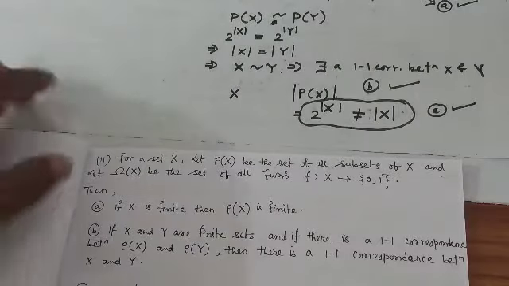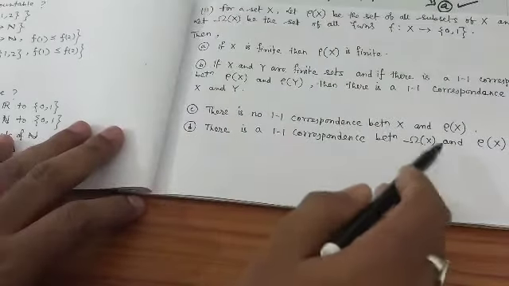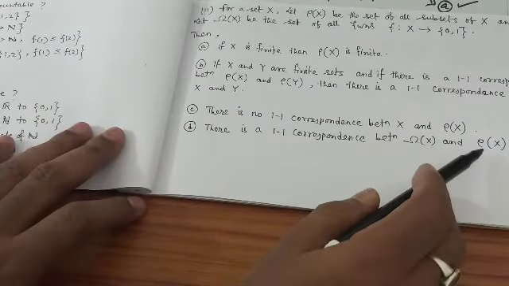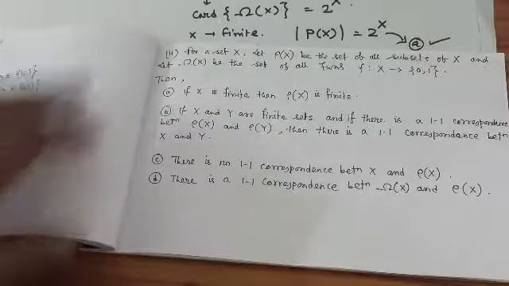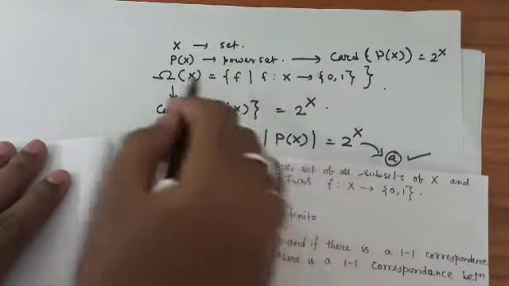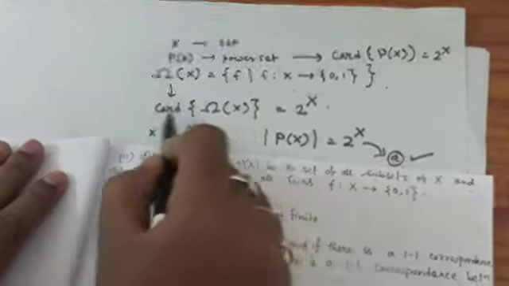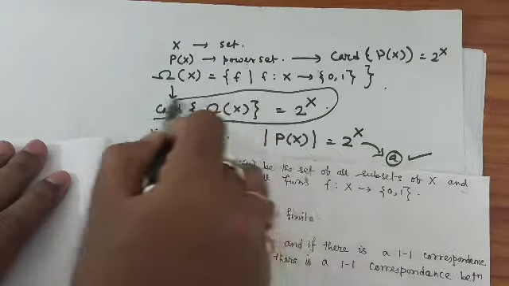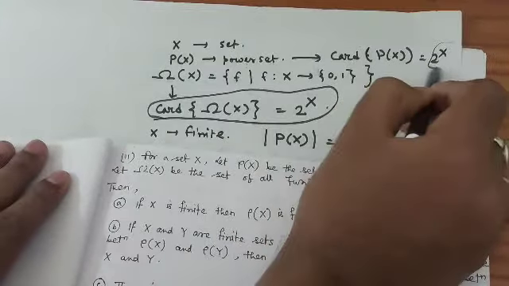In the fourth option, they are claiming that there is a 1-1 correspondence between omega X and P(X). Exactly what we got in our very first attempt at this question: the cardinality of omega X is 2 to the power |X|, and the cardinality of P(X) is again 2 to the power |X|.